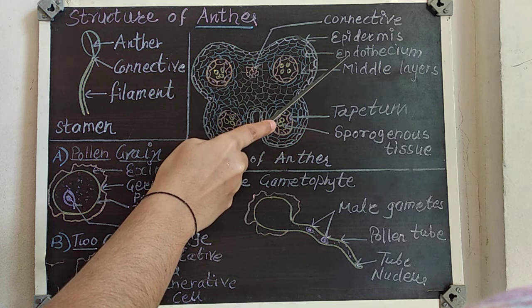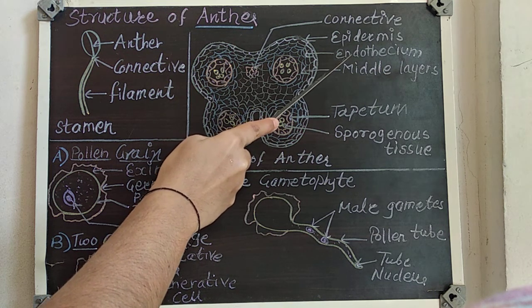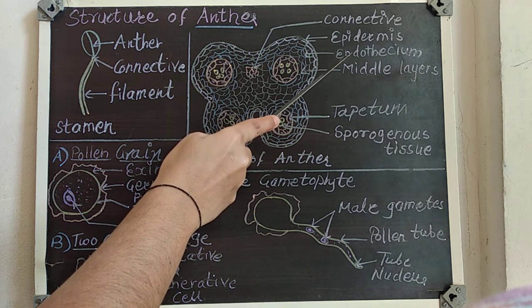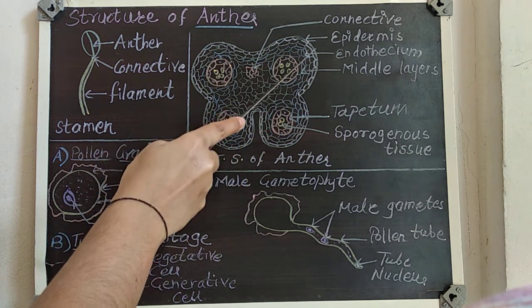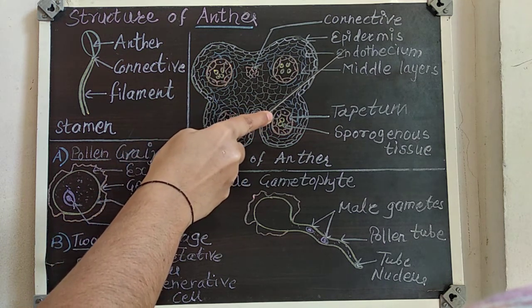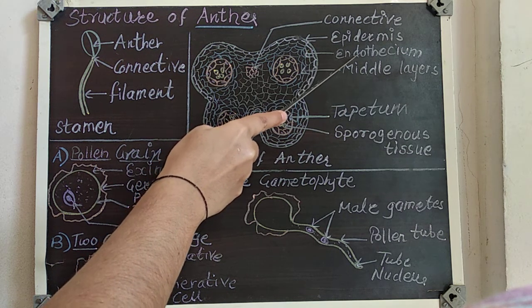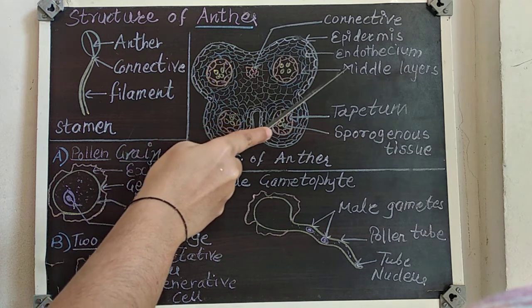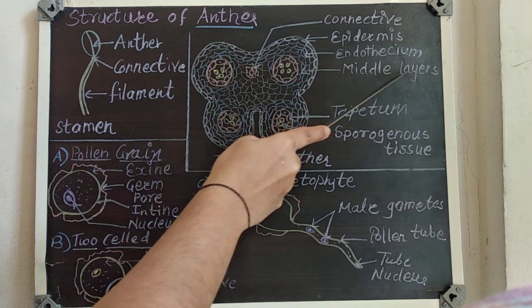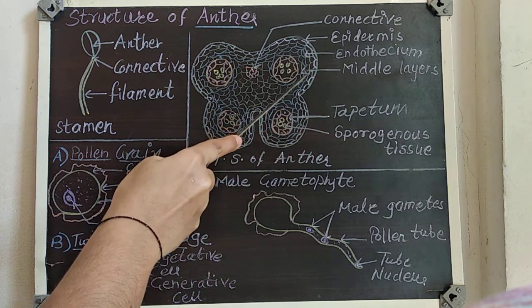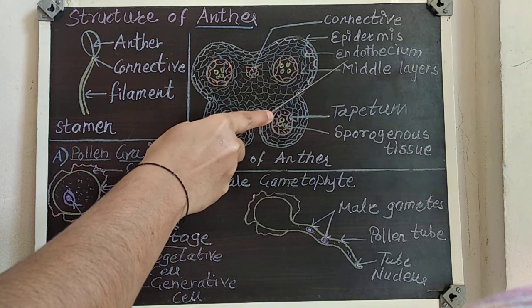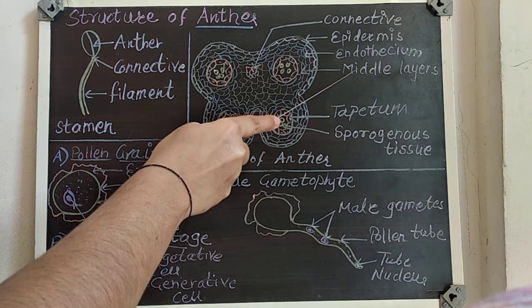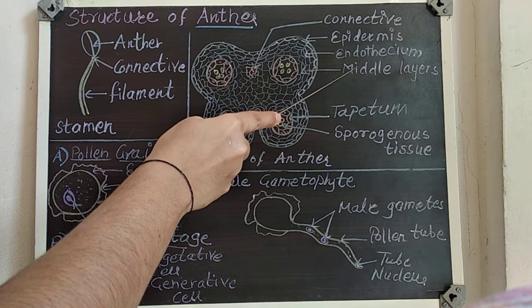The function of endothecium is the cells of endothecium lose water at the dehiscence. When the anther opens to release the pollen grain, fibrous thickening cells undergo opening, helping dehiscence of anther. Inner to endothecium, 1 to 2 layers of middle layer are present. Here you can see. Middle layers undergo degeneration because they do not play any function.